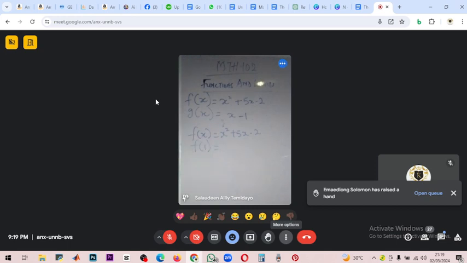Anywhere you see x, you are using 1 to represent it. That is 1 squared plus 5 times 1, minus 2. Because anywhere I encounter x, I'm using that 1 to represent it because I said f of 1. Note that very well and keep it well. You can write it somewhere in your book. It should be very important for what I'm explaining now.